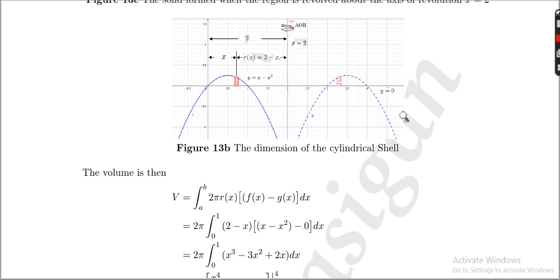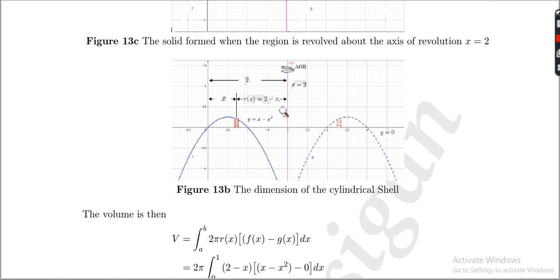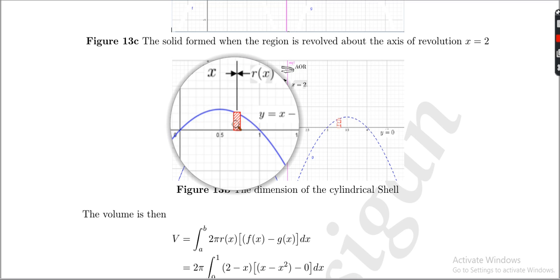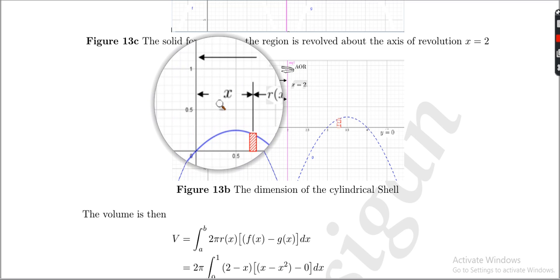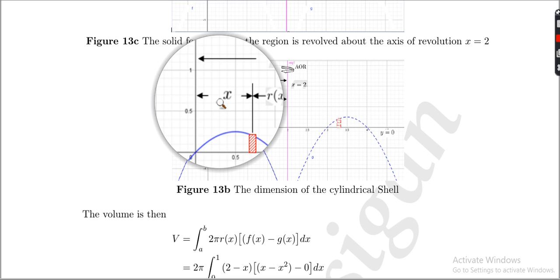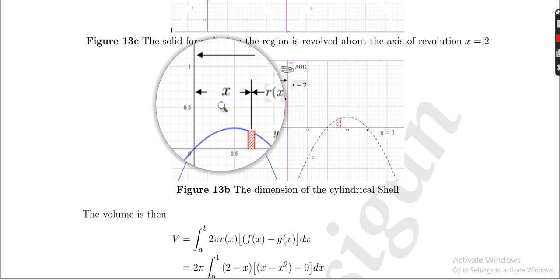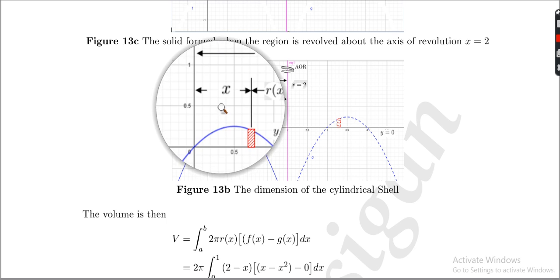Now from our dimension of the cylindrical shell, as I mentioned in my previous video, we have to solve for the shell radius. The first thing we look at is the measure of the element from the y-axis. As I mentioned in my previous video, when our element is vertical, its distance from the y-axis is always equal to x. So that's why I put x here.